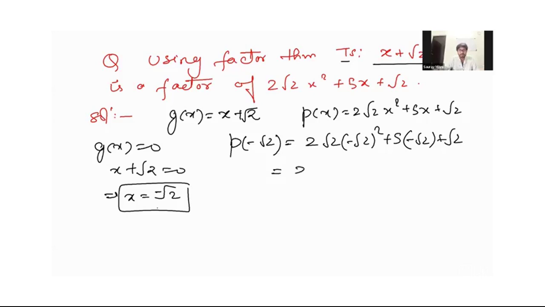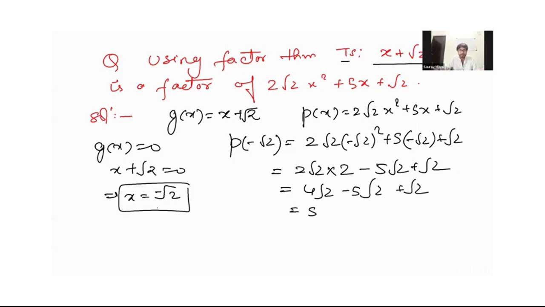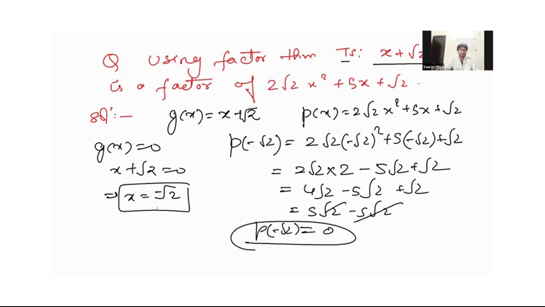This will be 2 root 2 into 2 minus 5 root 2 plus root 2. 2 twos are 4, so 4 root 2 minus 5 root 2 plus root 2. Add them, you get 5 root 2 minus 5 root 2, cancel it, and the answer is 0. So after putting this value, our remainder is 0. That means this is a factor of the given polynomial.